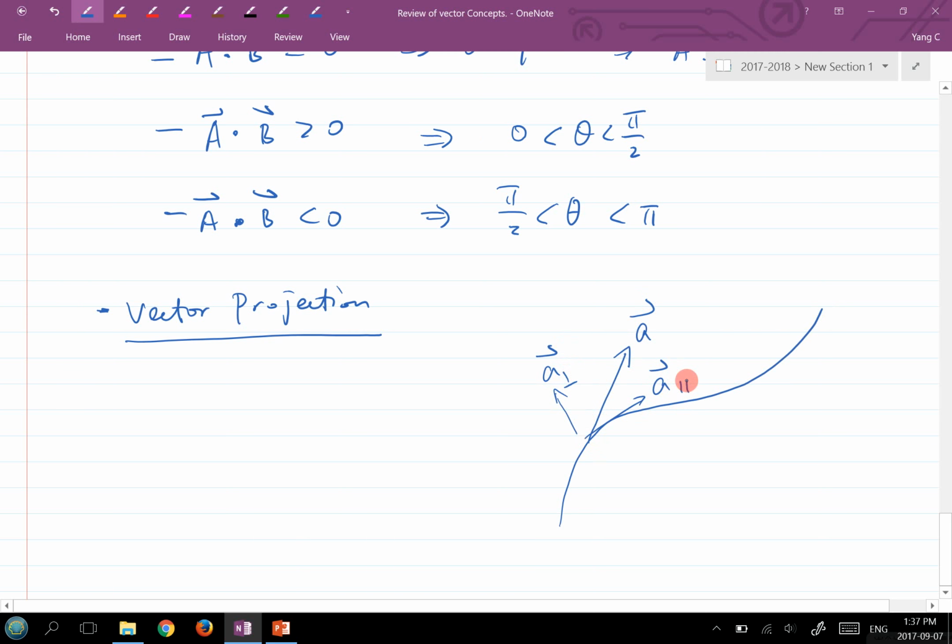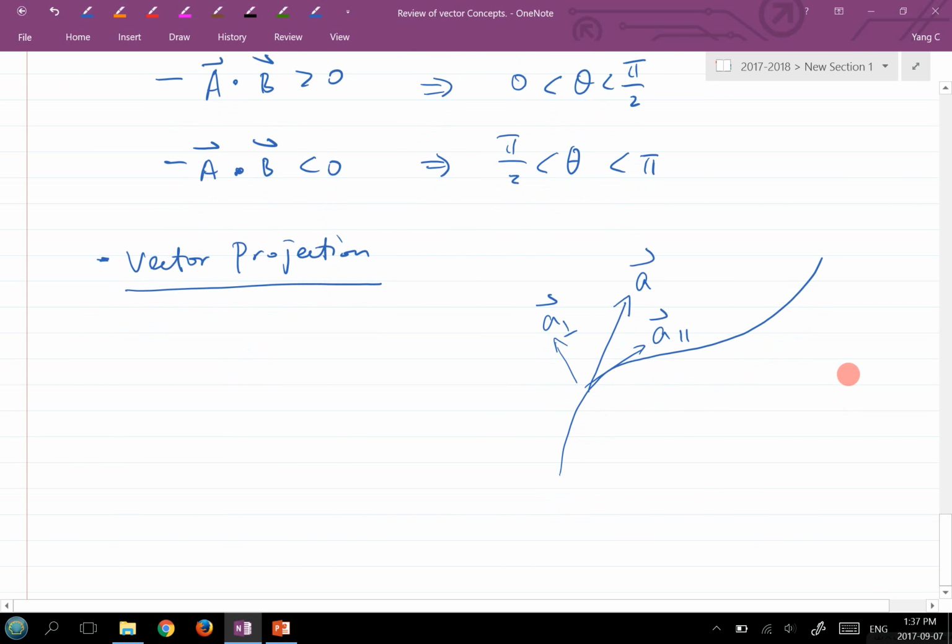How are we able to obtain these two components? We can do that using the so-called vector projection. I'll use an example to illustrate this idea.